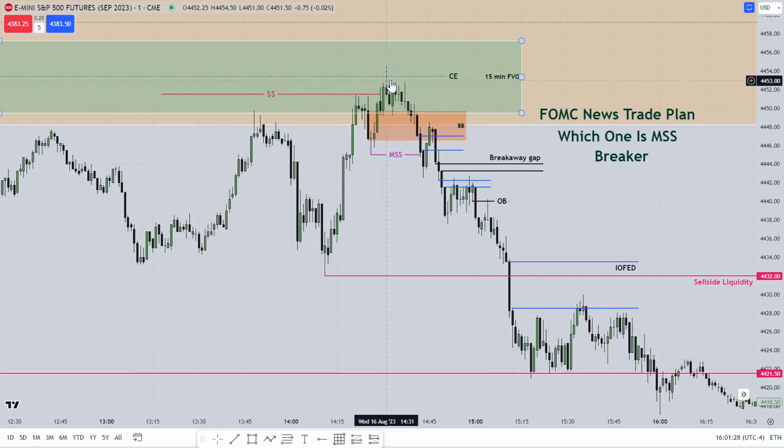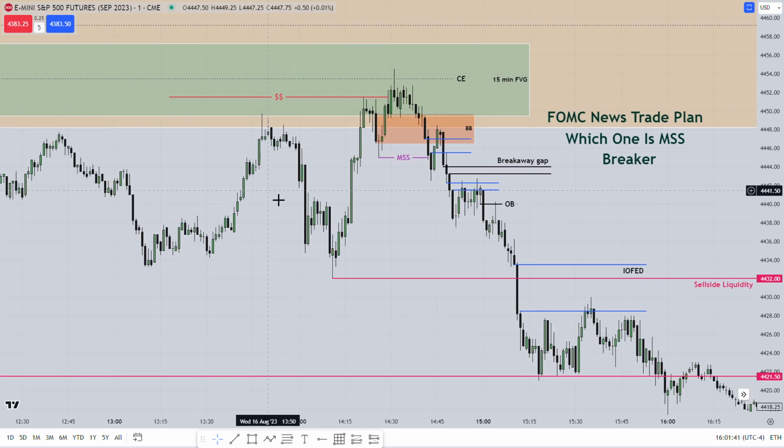At 2:30 it has taken all the liquidity from here. So you can see the market was actually bullish in the FOMC time. As ICT told, the first run of the FOMC news is the fake run. The second run, that means the 2:30 run, is the real move.